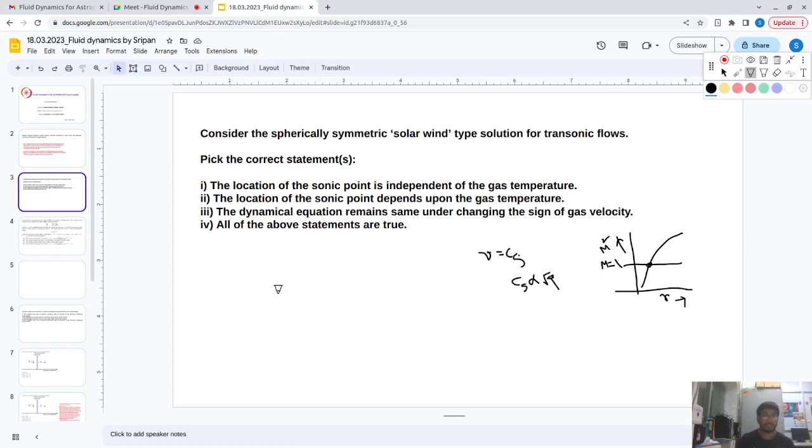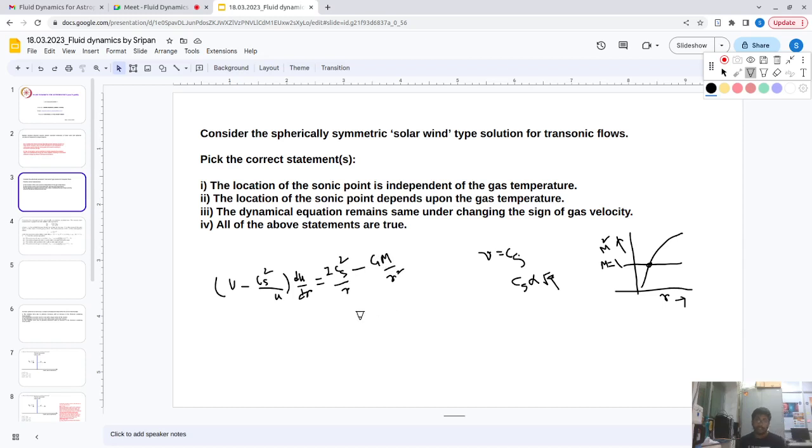Yeah, so the dynamical equation is like this: (u squared minus c_s squared) by u, times du by dr, equals 2 c_s squared by r minus GM by r squared, right?